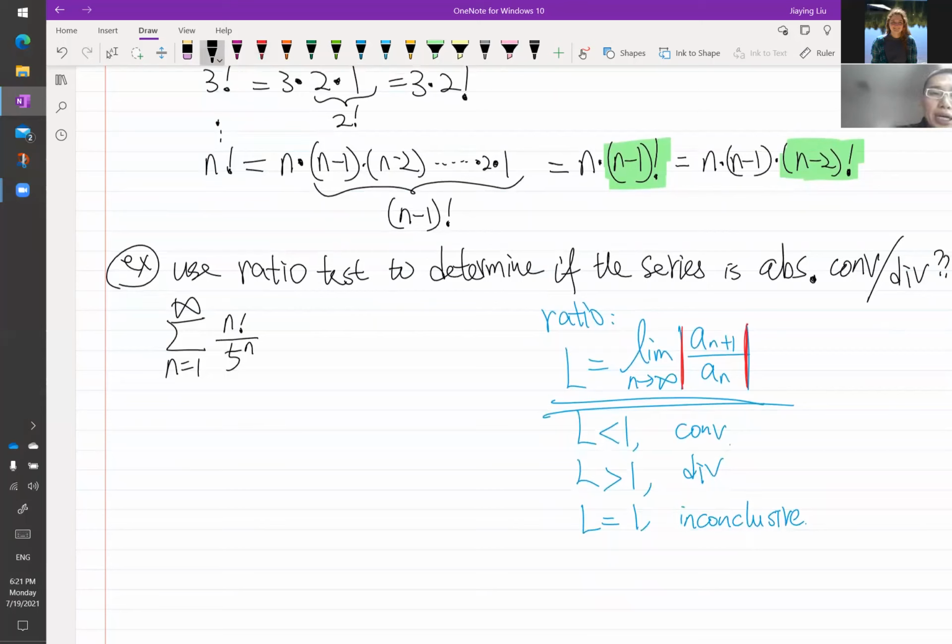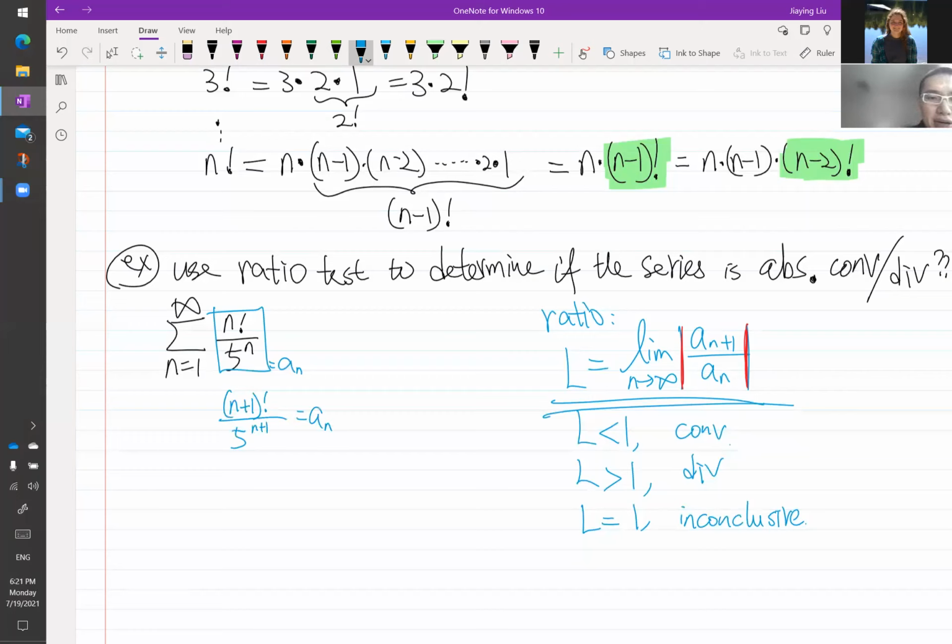So here, this is what I'm going to call a_n. And a_(n+1) is just going to be (n+1) factorial divided by 5 raised to the n+1, and that's in the exponent.